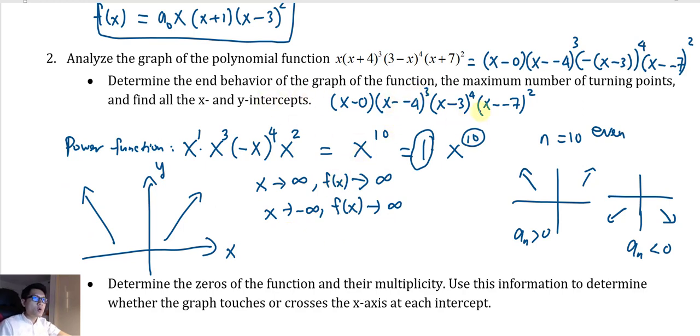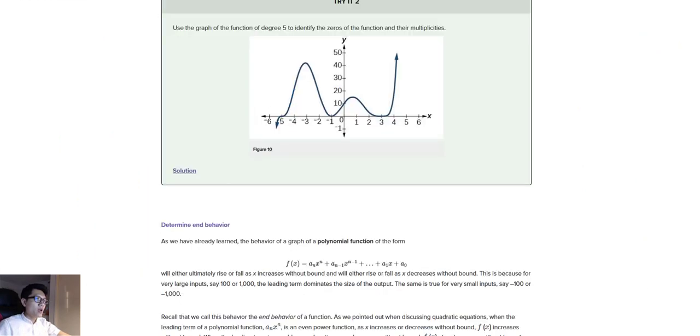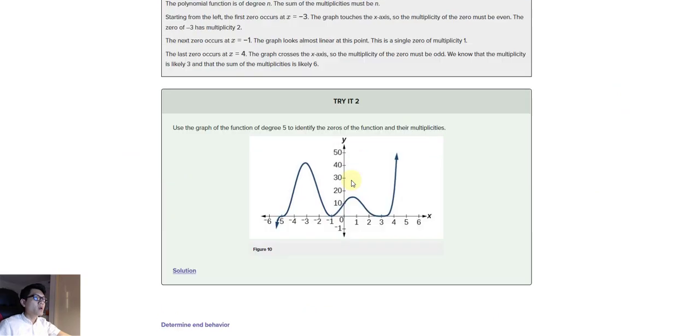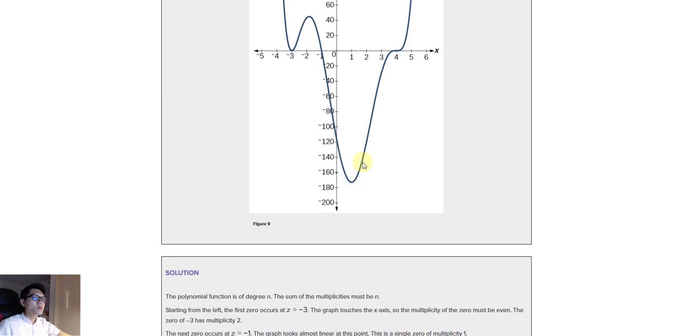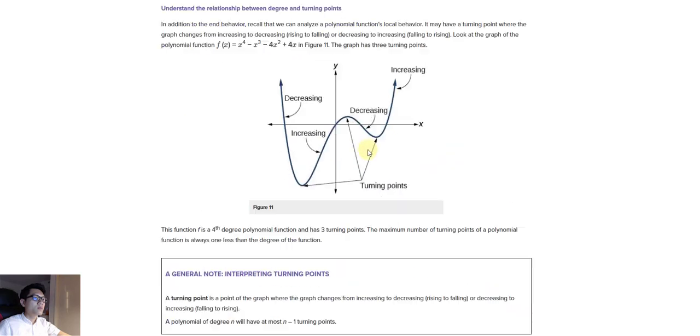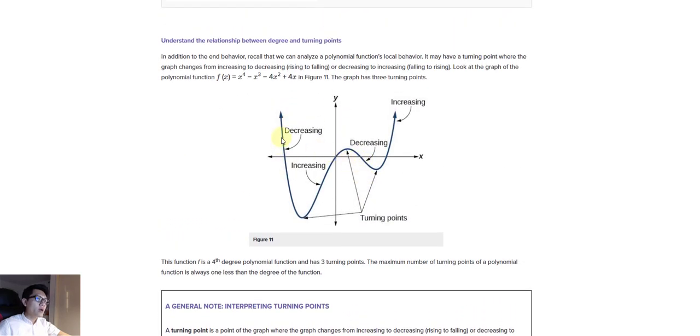And then the next question is, what is the maximum number of turning points? Now let me show you what a turning point is. The turning point is the point that changes from decreasing to increasing, or increasing to decreasing. So this point, and this point, are turning points of any polynomial.